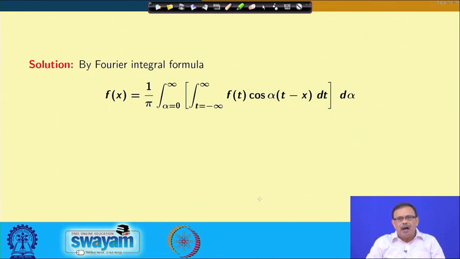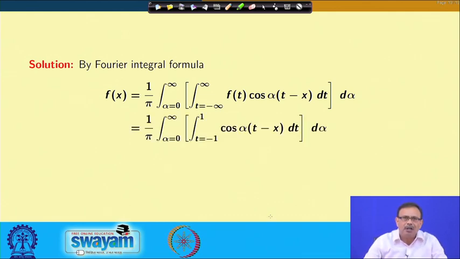Again, please recall that we discussed this at the beginning when we started the Fourier transform. Then we made the Fourier integral representation, and we showed how, using it, I can find the Fourier transform, Fourier cosine transform or Fourier sine transform. So, we are writing this one expression very easily here.